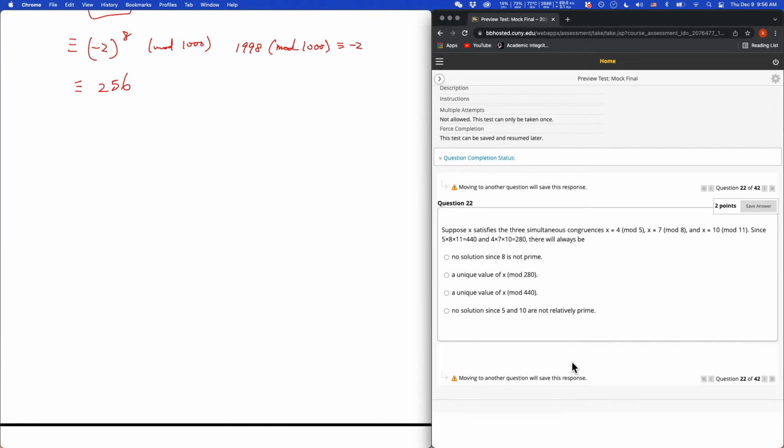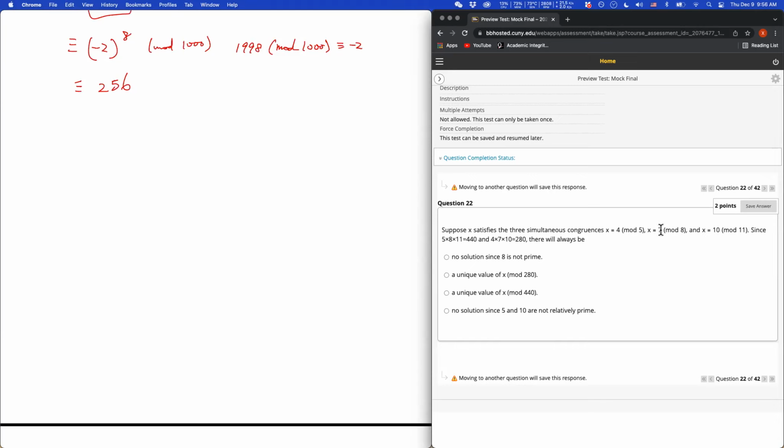Okay, next. Here you have a Chinese remainder theorem question, where x is congruent to 4 mod 5, x is congruent to 7 mod 8, and x is congruent to 10 mod 11. According to the Chinese remainder theorem, if your moduli are pairwise relatively prime, then there will be a unique solution modulo the product of them.